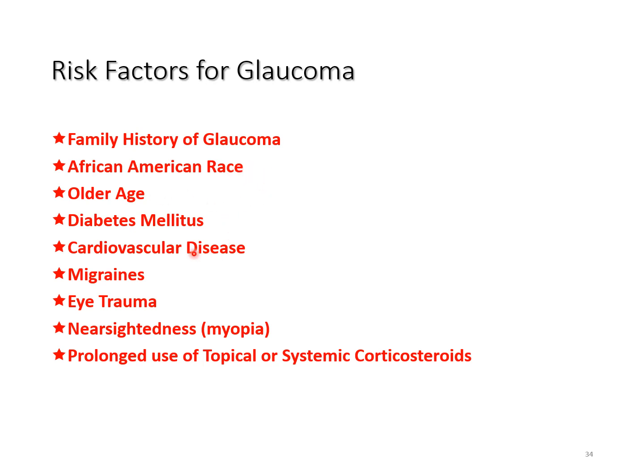Older age, diabetes mellitus, cardiovascular disease, migraines, eye trauma, nearsightedness, which is also known as myopia. Somebody who has nearsightedness can see objects near to them very clearly, but they can't see things that are far away. Things that are far away are very blurry. Farsightedness is the opposite of that.